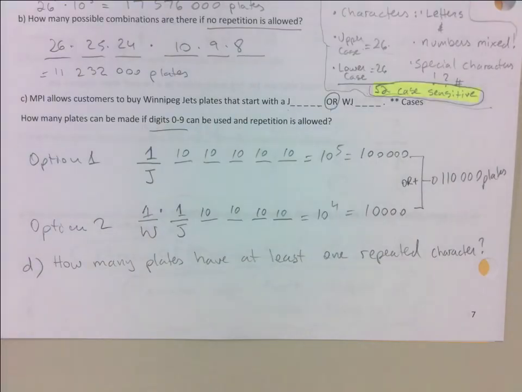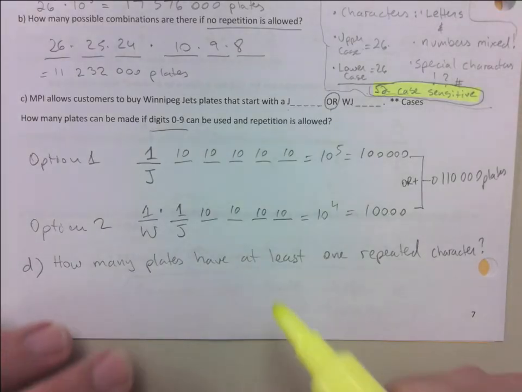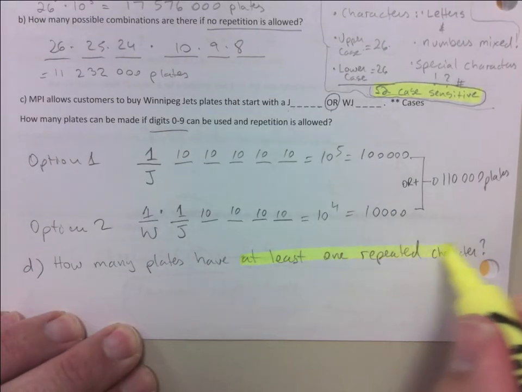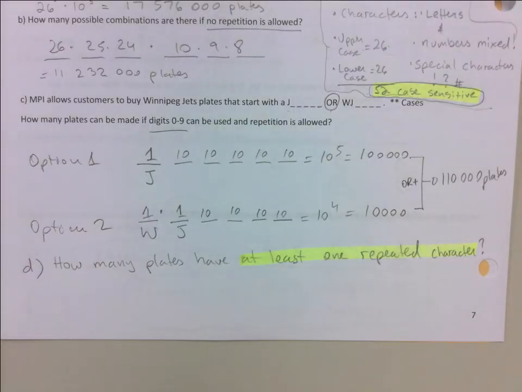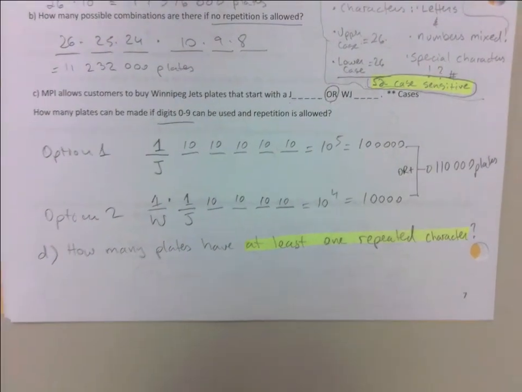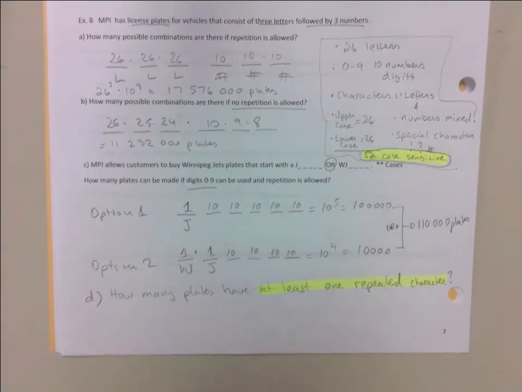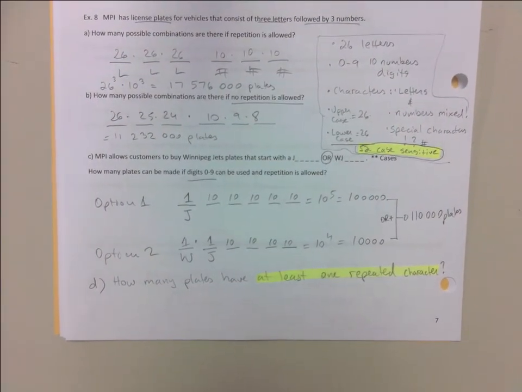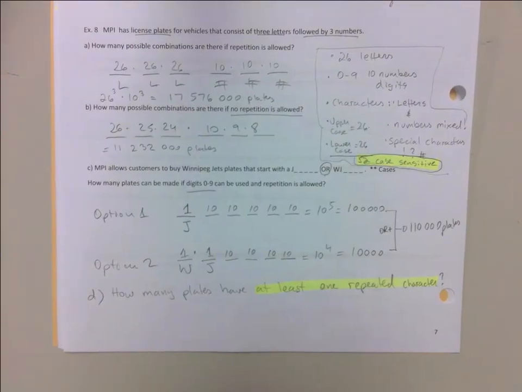If I asked you that, I want you to start thinking, oh, it's the at least thing. At least one repeated character. And I'm going to zoom out on this one because I want you to see A and B. You sort of see it, right?